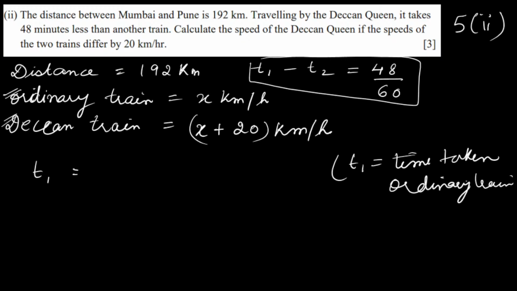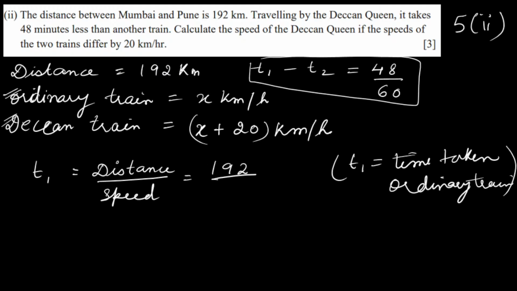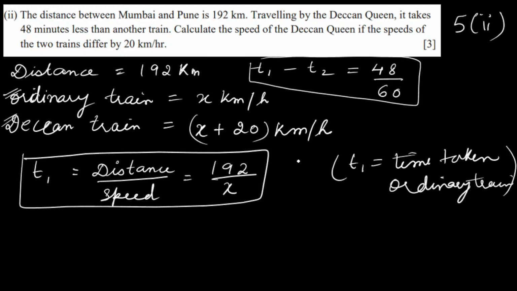The formula for time, which we know, is distance by speed. We have done this in physics also. Distance here is 192 kilometers. Speed of the ordinary train is x. So time taken by the ordinary train is 192 by x hours.